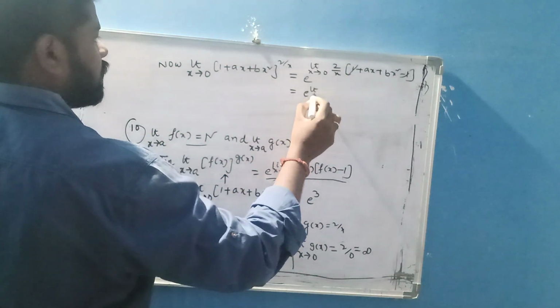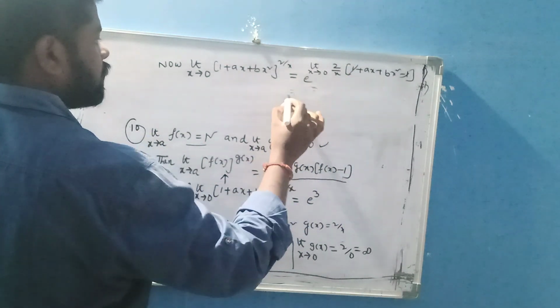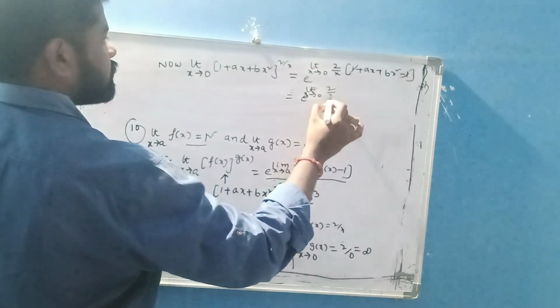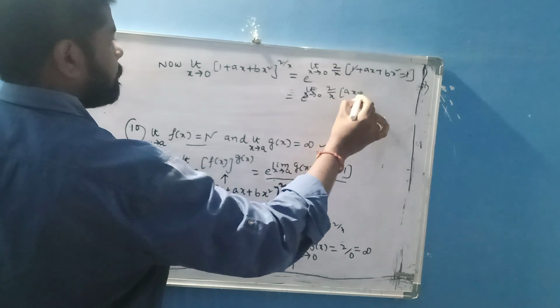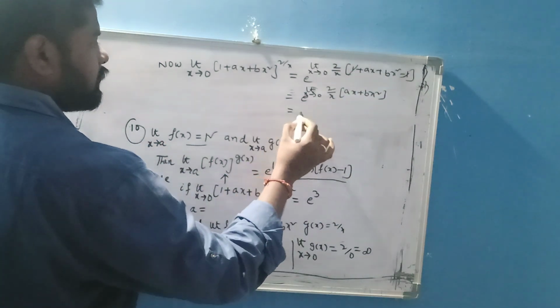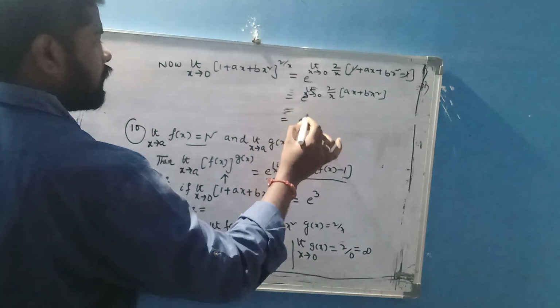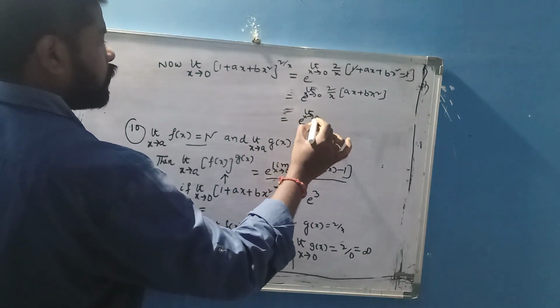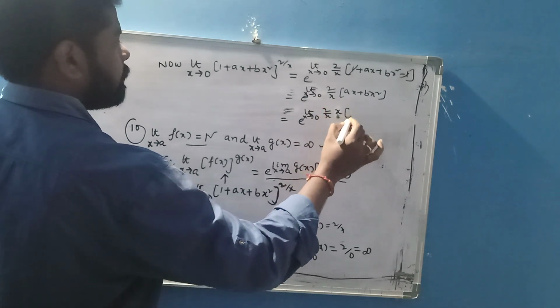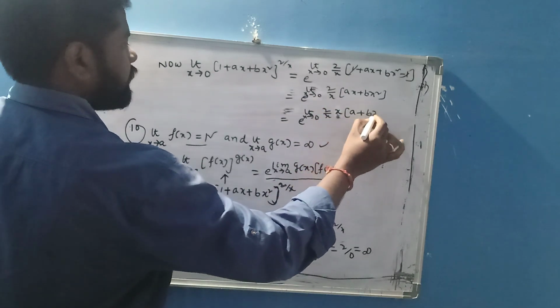E power limit x tends to 0, 2 by x into ax plus bx square. Then e power limit x tends to 0, 2 by x into, here x common, a plus bx.